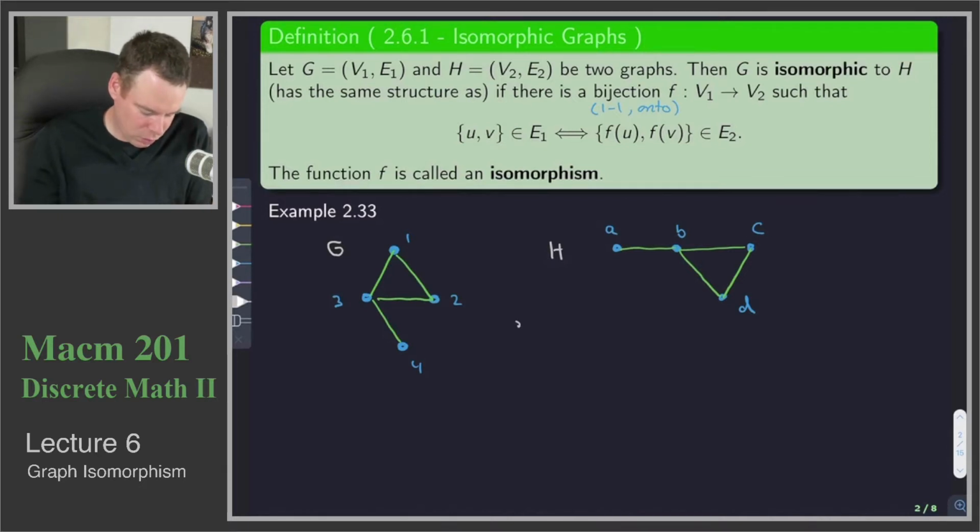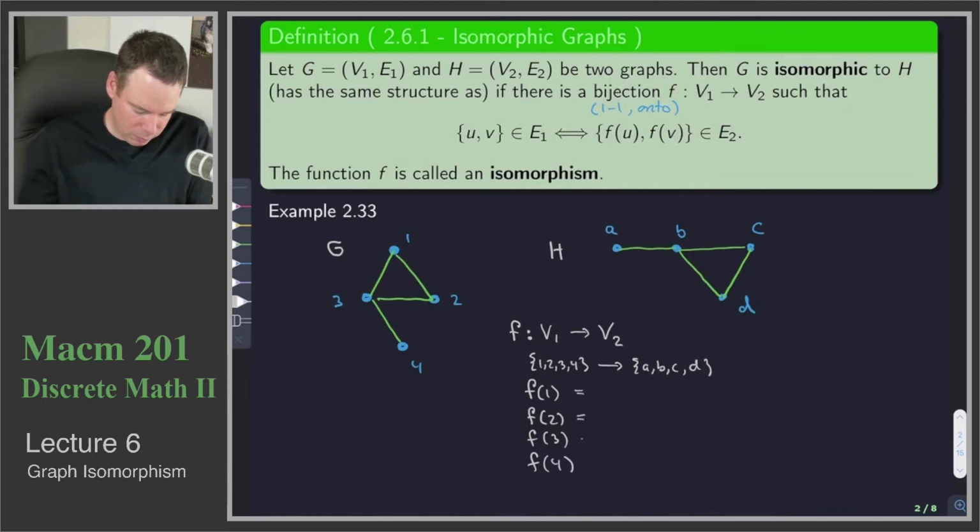So what is our function f? Well, f is going to be a function from the vertices of G to the vertices of H. In other words, from the set 1, 2, 3, 4 to the set A, B, C, D. And what we'll have to do is define it. So I have to say what f of 1 is, what f of 2 is, what f of 3 is, and what f of 4 is.